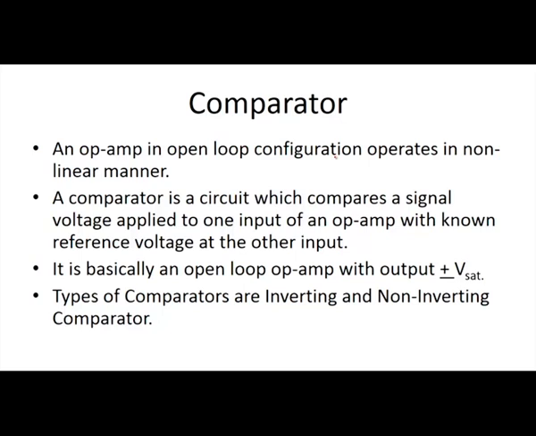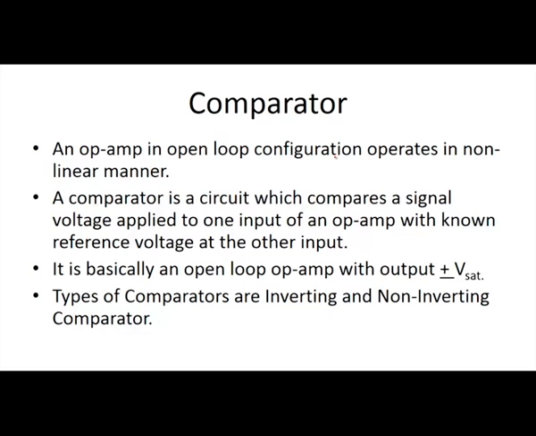If there is no loop from the output to the input, and the input signal is given to the positive terminal as well as to the negative terminal, then the output will be a saturated value according to the amplitude of the input at its input terminal. The output will be either a positive V saturation or a negative V saturation according to the input.